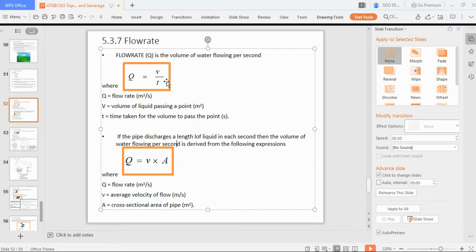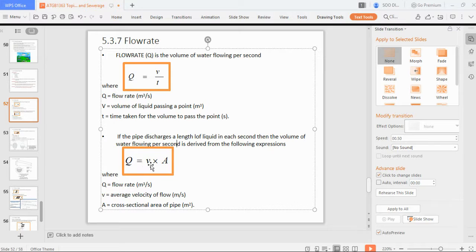So Q is represented by these two formulas, but usually the important formula is this one. The other is just for your info on how the flow rate is obtained, from the volume divided by the time taken to pass through a point.